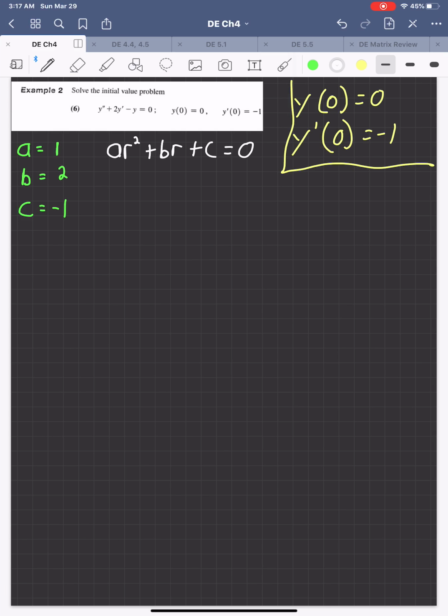So in this case, we're going to go ahead and plug in for a, b, and c. So that gets me to r squared plus 2r minus 1 is equal to 0. And again, just keeping track of our vocabulary, what is that? That's your auxiliary equation.